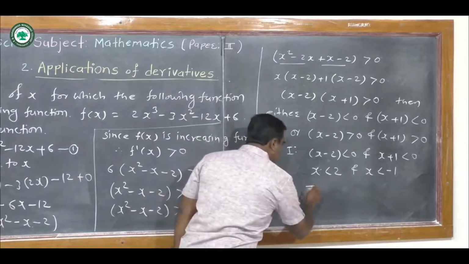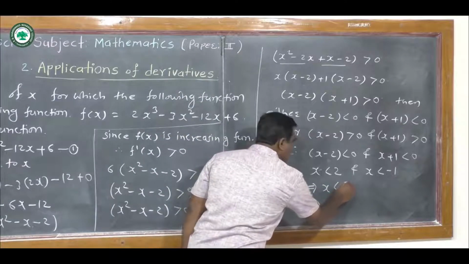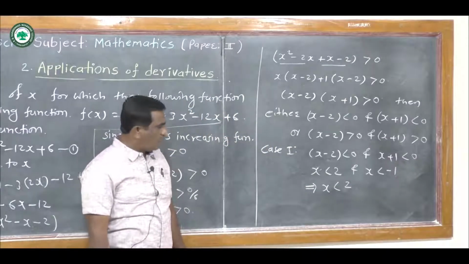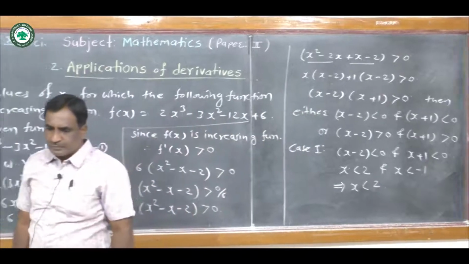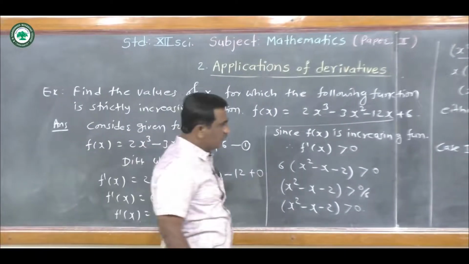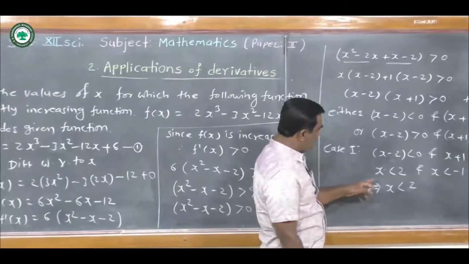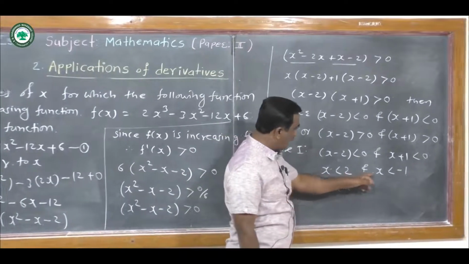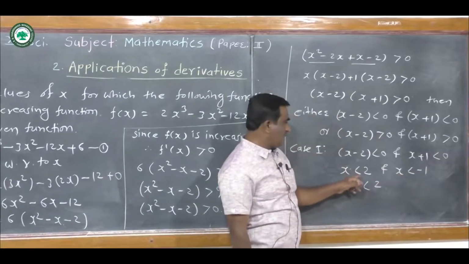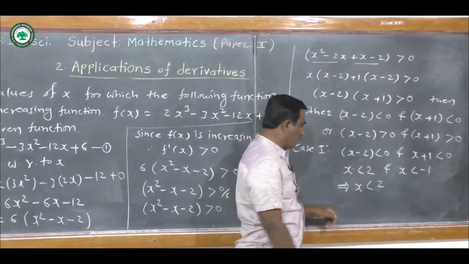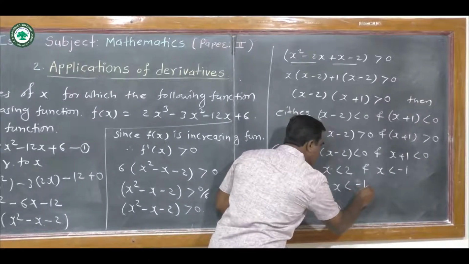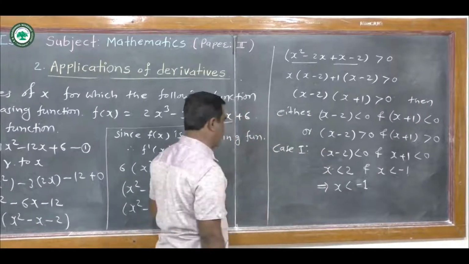This implies that x is less than 2. Now use the second condition. Now here x less than 2 and x also less than minus 1. Now minus 1 is less than 2. Therefore, we can write here x is less than minus 1.